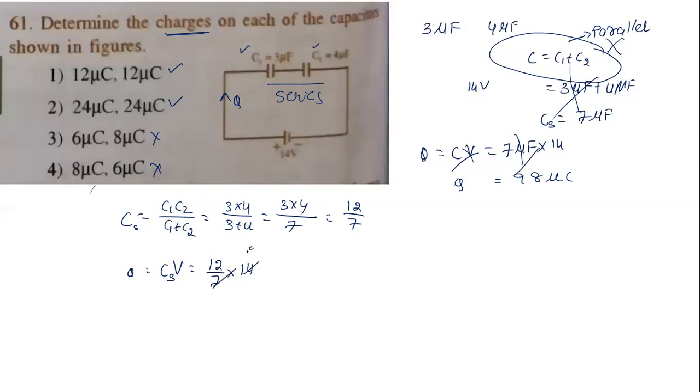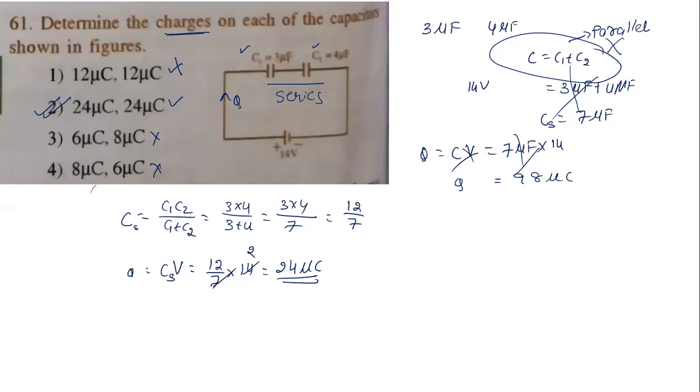We cancel 2 times, and it will be 24 microcoulomb. So the first option is cancelled, and the second option is the right answer, 24 microcoulomb.